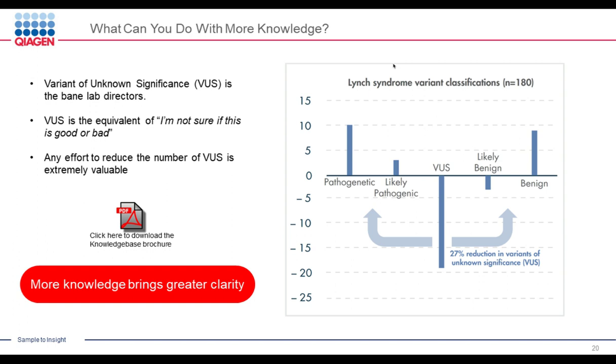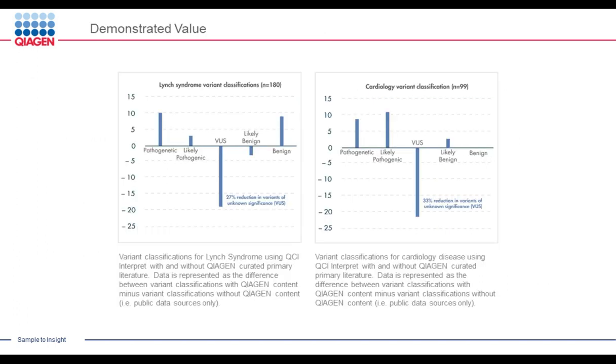And what we found was when you apply the QIAGEN Knowledge-base, what you essentially do is reduce the number of VUSs out of that 180 by 27% and reclassify those VUSs to likely pathogenic, or likely benign and benign. And so more knowledge helps resolve these VUSs, which are really a challenge for labs. We've also done a similar comparison with cardiology and cardiovascular variants and found even greater reductions of VUSs, by 33%.